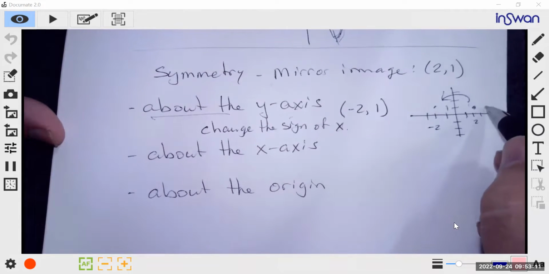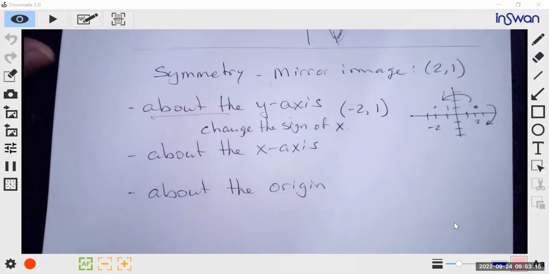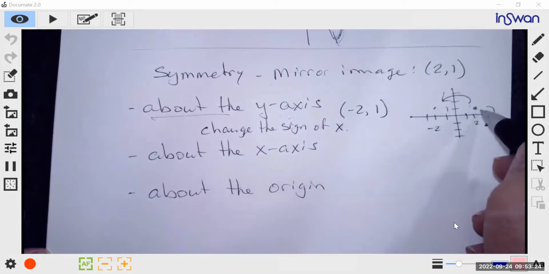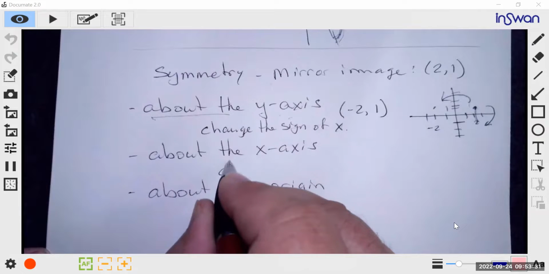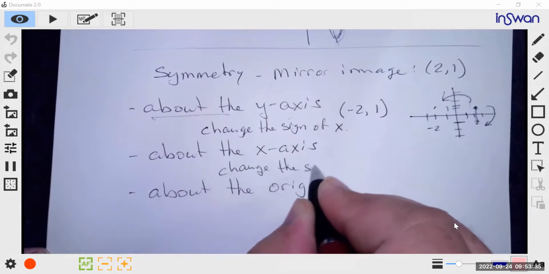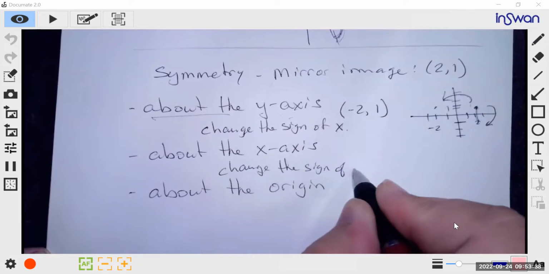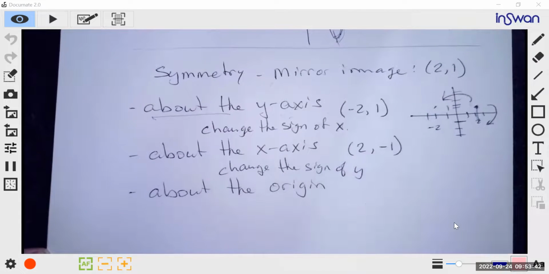If I flip across the x-axis, what changes? Does the sign of x change? Yeah, here you change the sign of y. So it would be (2, -1).